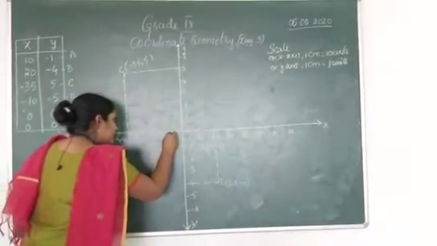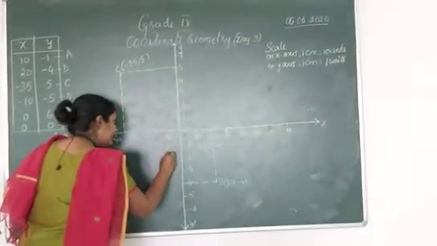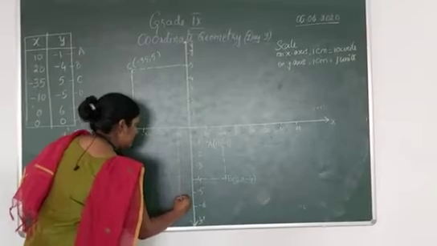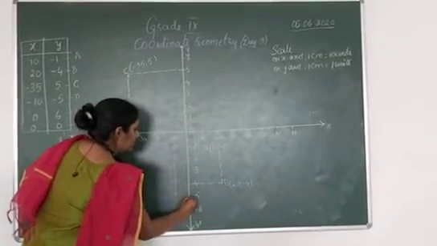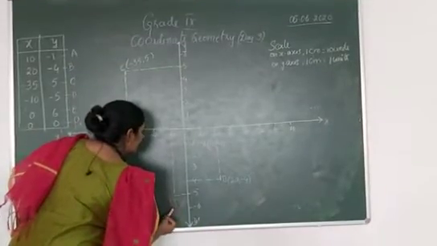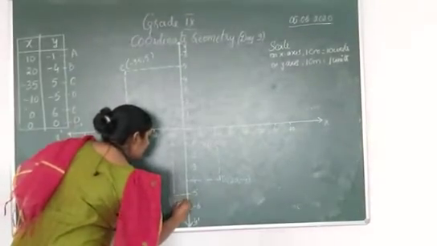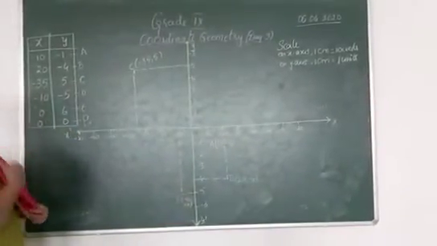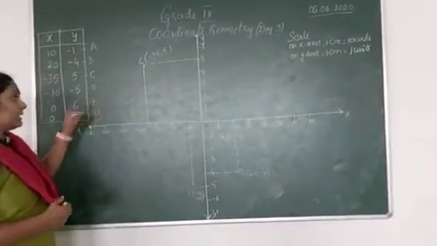The point of intersection of these two perpendiculars will be the point D, and the coordinates are minus 10, minus 5. Okay. So next point is E.